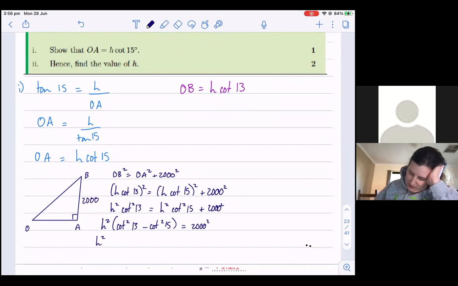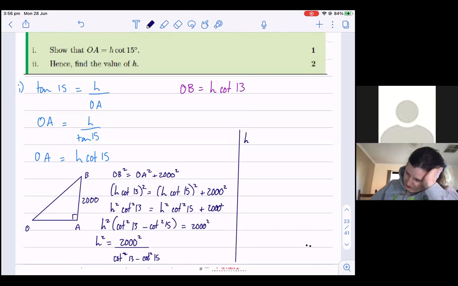So H squared equals 2000 squared over cot squared 13 minus cot squared 15. Let's continue that over here. So H is 2000 over the square root of cot squared 13, take cot squared 15.